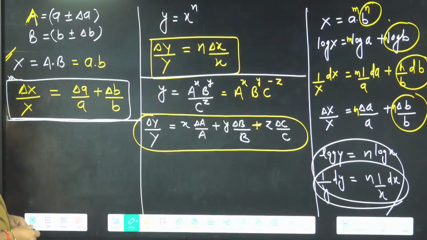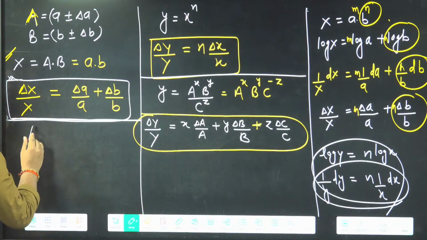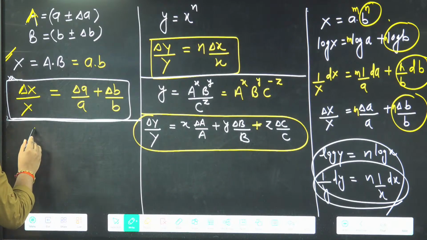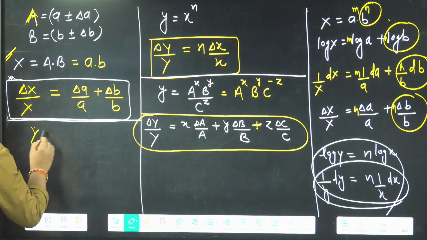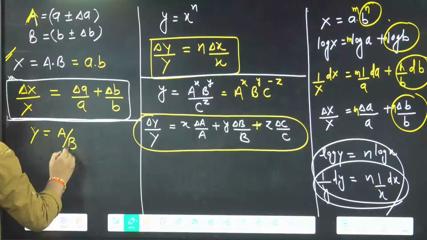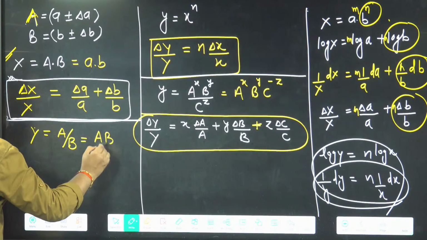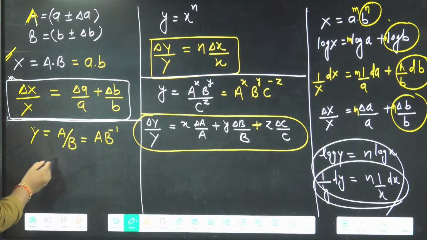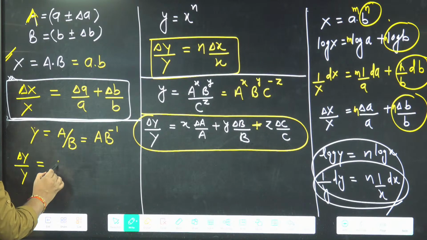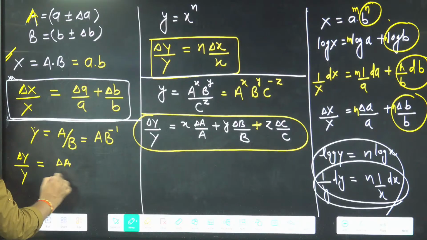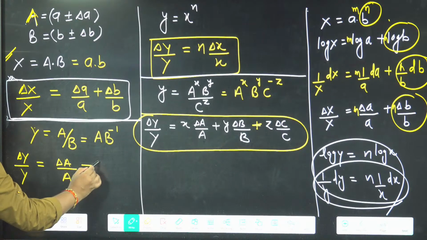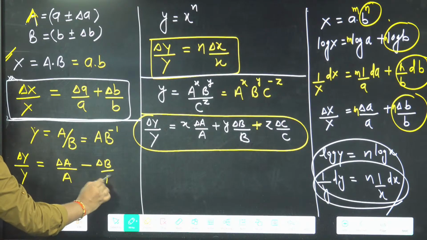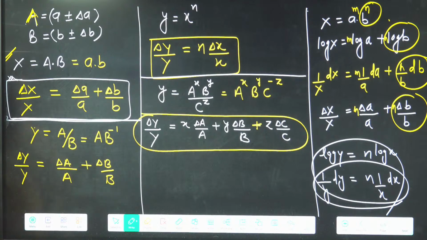So what I'm saying here, suppose I say y equals a by b. If y equals a by b, we can write it as a b^(-1), then again we can write delta y by y as delta a by a minus delta b by b, but we know we don't write minus, so we have to write plus.